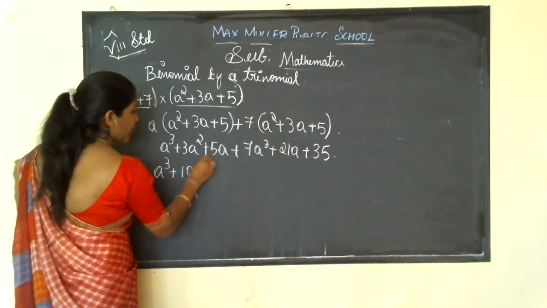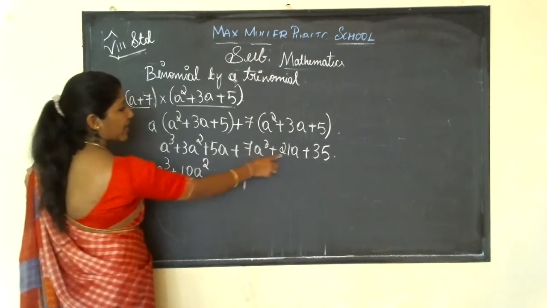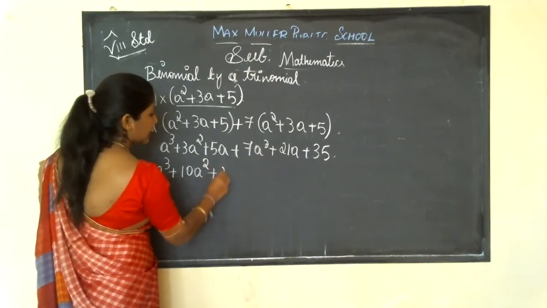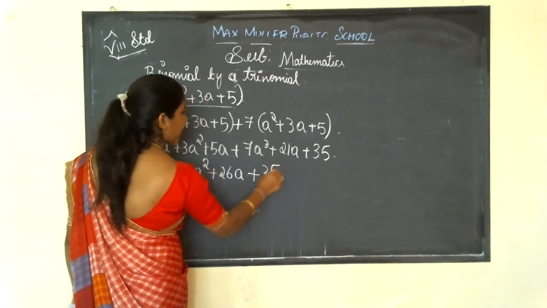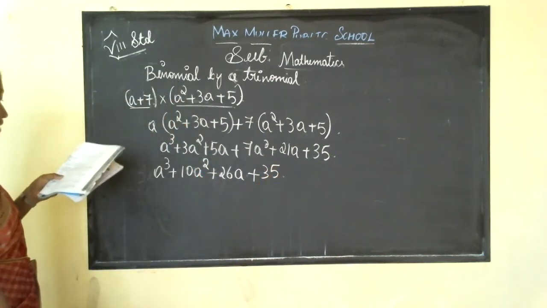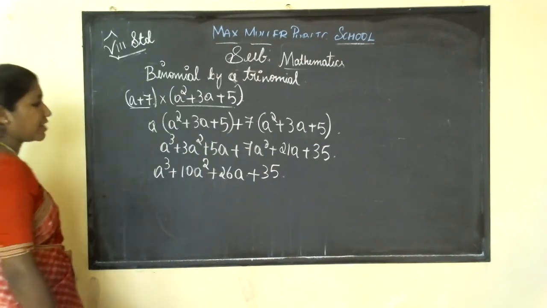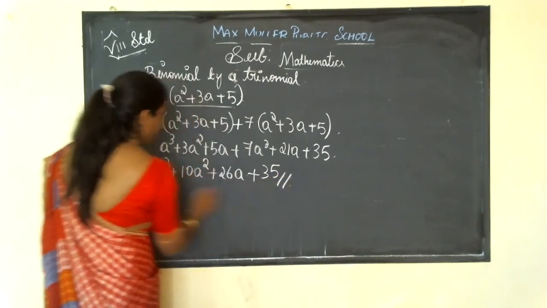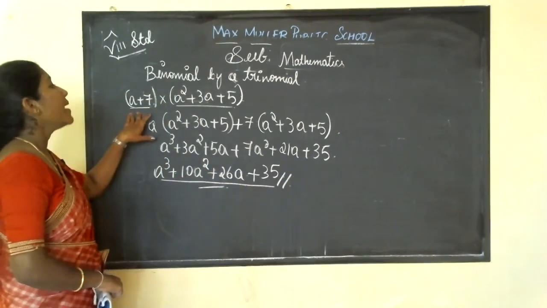Both like terms you are adding, so it becomes 10a square, and 5a 21a, it is 26a, plus 35. See, a cube plus 10a square plus 26a plus 35 will be your final expression after solving this.